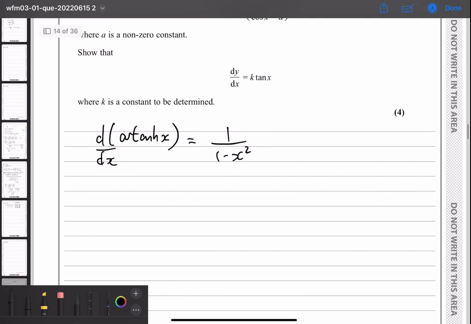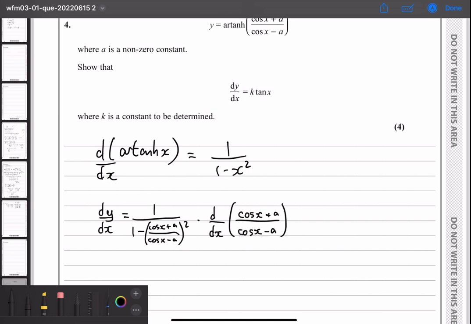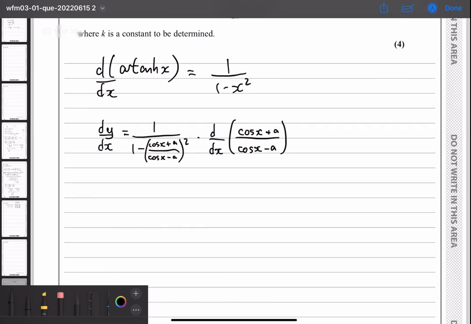So applying what we've got here, where this is y now, we've got 1 over 1 minus cos x plus a over cos x minus a, squared, times by the derivative of that thing in the brackets, cos x plus a over cos x minus a. I'm going to have to differentiate that using the quotient rule or in any other way.